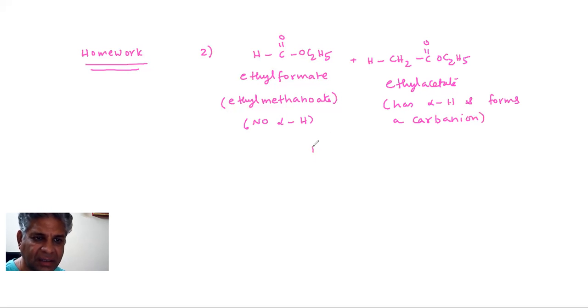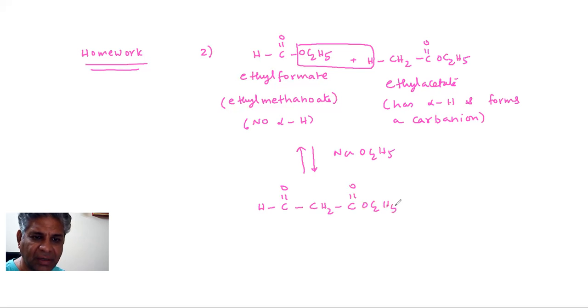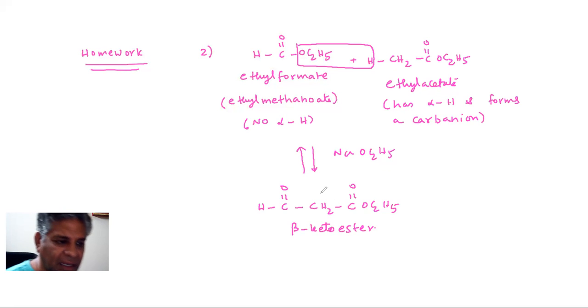Now see here. Now treat this with sodium ethoxide. Remove this ethanol and then write down the product. I gave you the reaction, I gave you the product, and the only thing is you have to write down the mechanism for this. So this is a beta keto ester. Just write down the mechanism for this particular reaction.